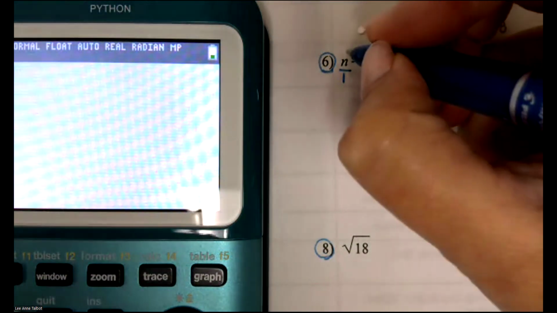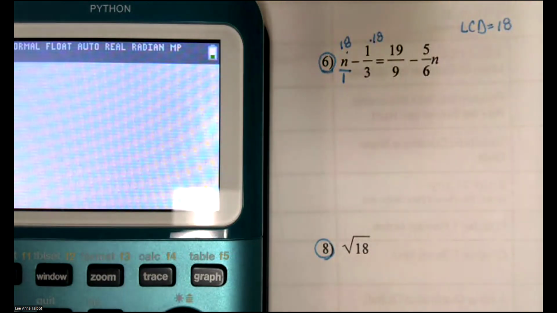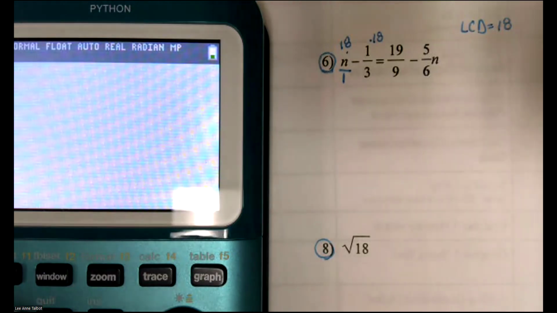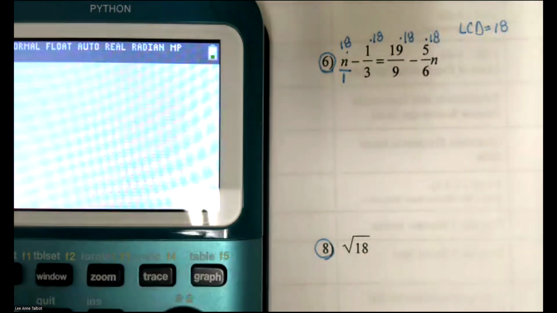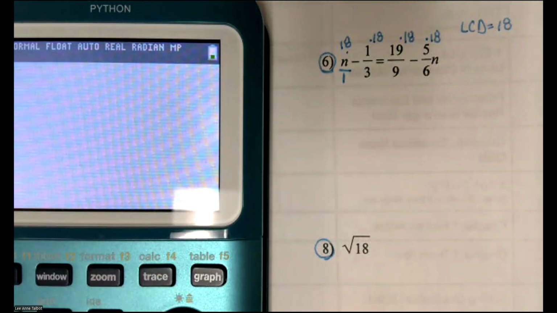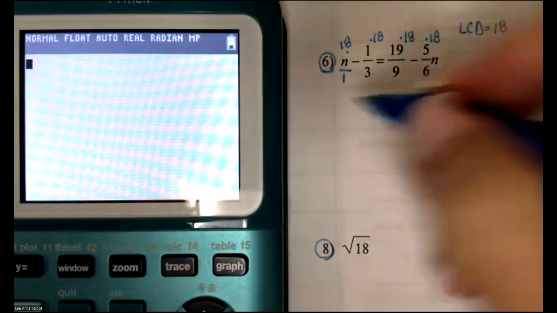Okay, so I'm going to multiply 18 to the tops of all of the fractions. Multiply 18 on the numerator. I got the calculator today because some of these are big.